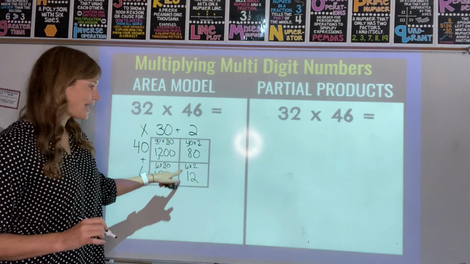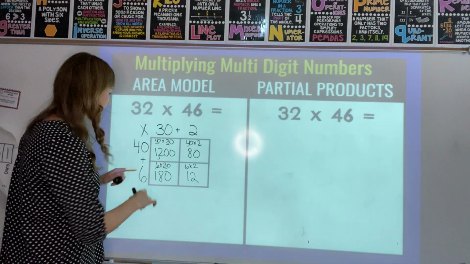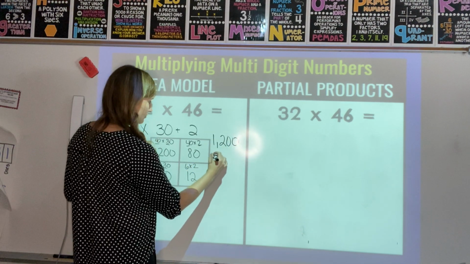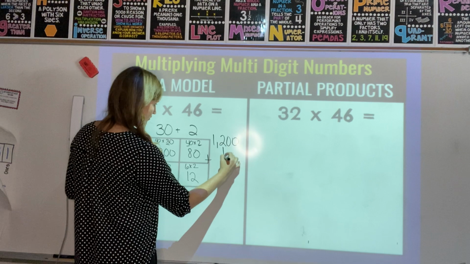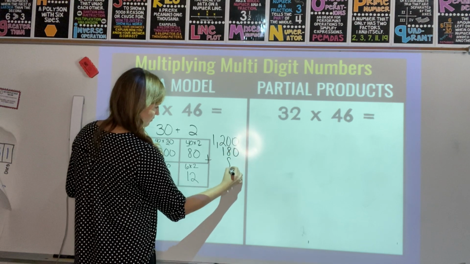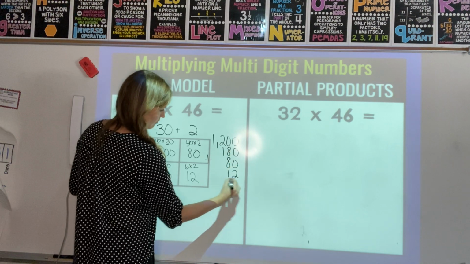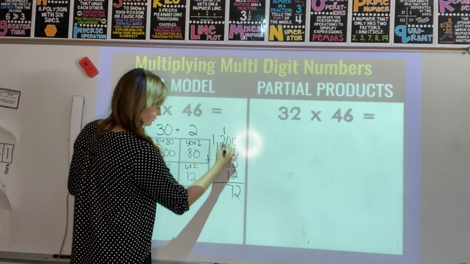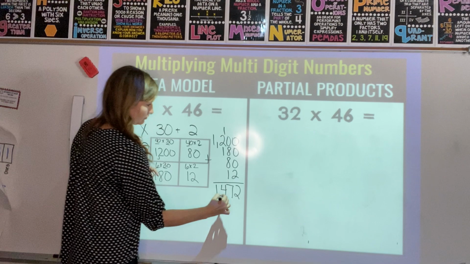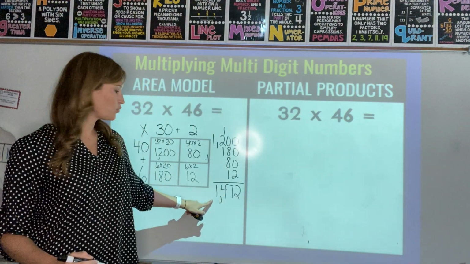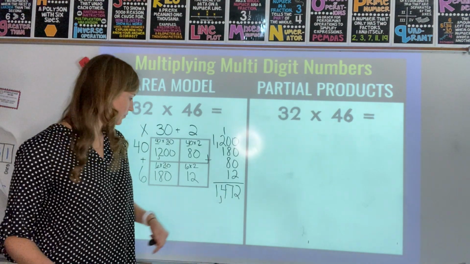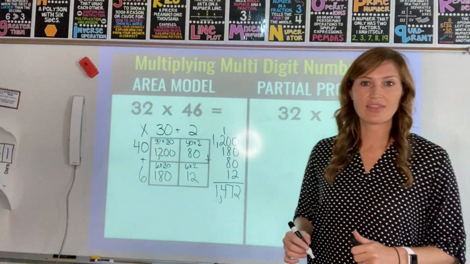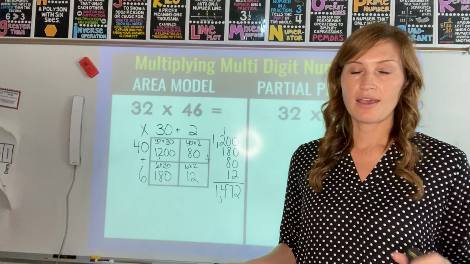Okay, so now I need to add all my partial products and get my total. And my product is 1,472. All right, now let's take a look at the same multiplication sentence using the partial products strategy.